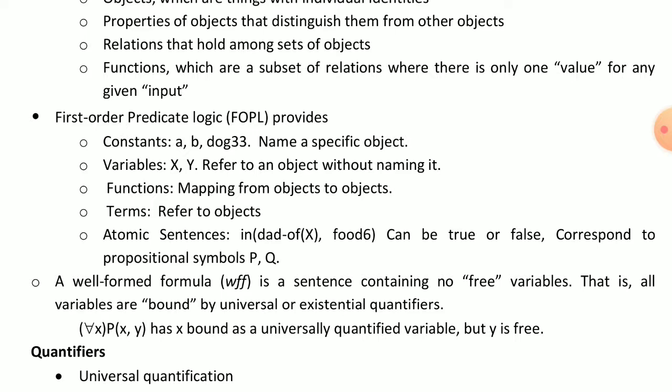Here we can consider different variables like x and y, and we can use an object without its name. We can't give the name of any object, but we can use the object by using variables.